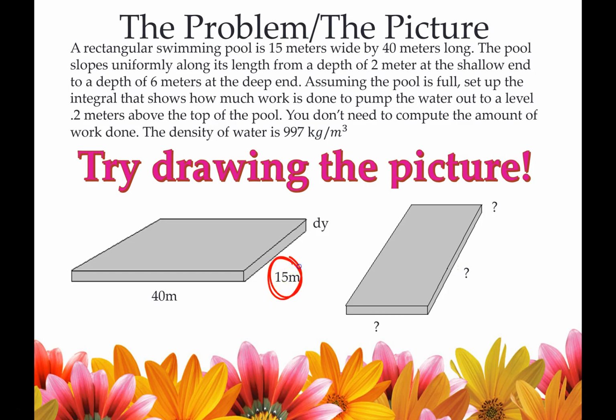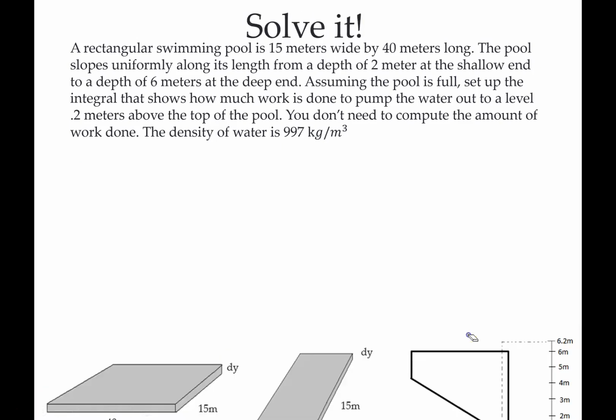So we've got 15 meters as its width, and then we've got this length right here. Similarly here we would have an x of 15 and a dy. All right, so we're just going to go ahead and solve this entire thing.